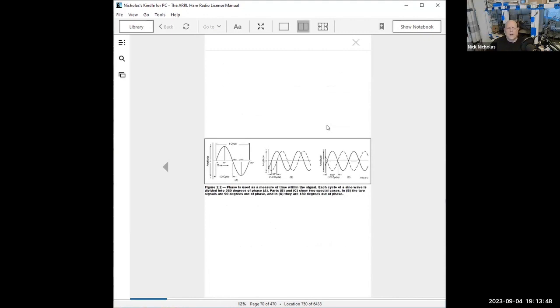Another concept you've got to understand is waves and how they are in phase with each other. When we get to the point where we're talking about how antennas work effectively, the goal is to get a wave cleanly off the antenna and radiating the wave out.